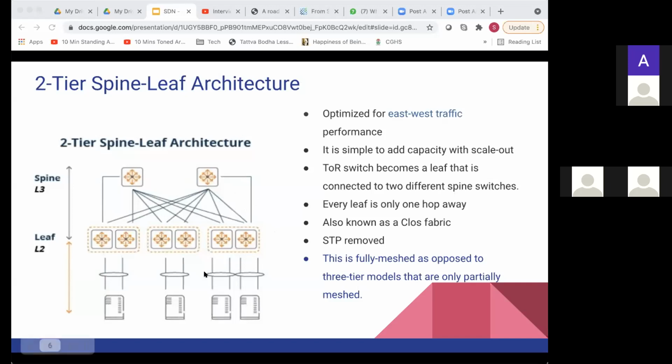So effectively it was a large chassis-based switch. And the east-west data flows in this architecture take the same number of hops, irrespective of whether the destination was right next to itself or further away within the network. It can be load balanced, and it was also loop free. One of the biggest difficulties the network had was solving the problem of redundancy and providing multiple paths from a source to a destination.